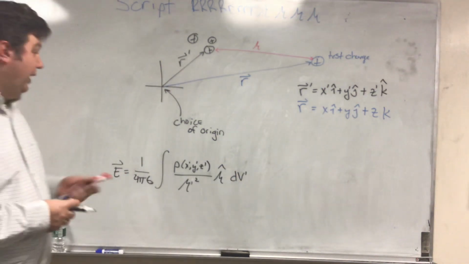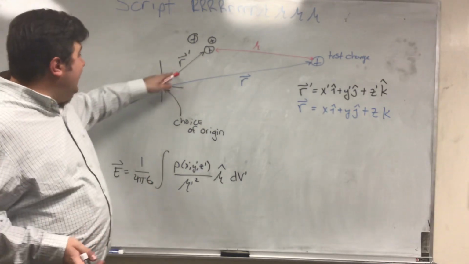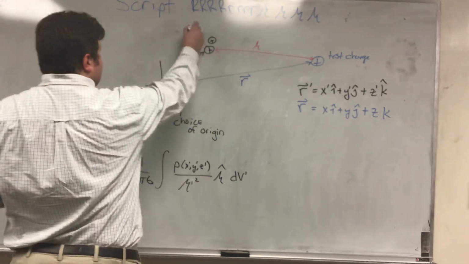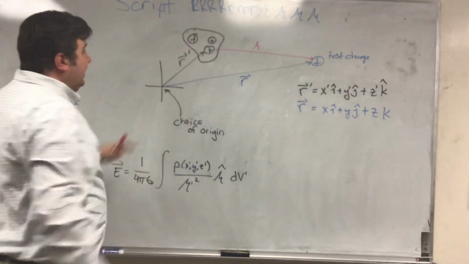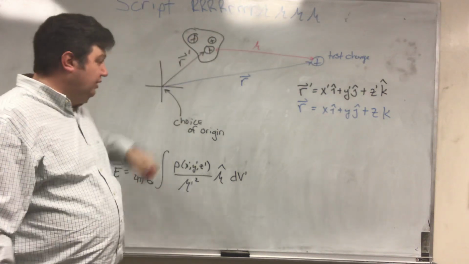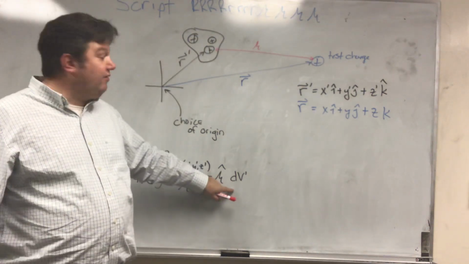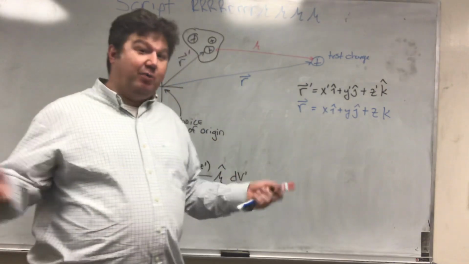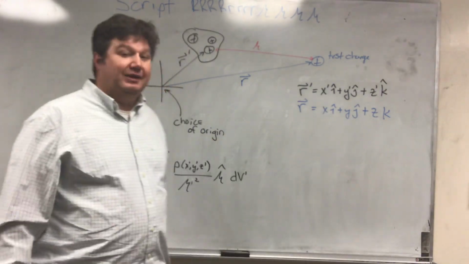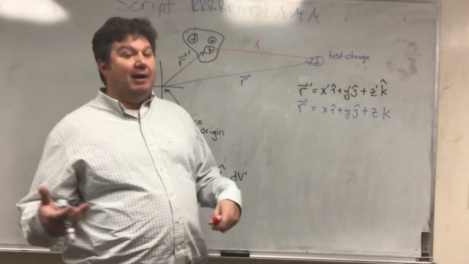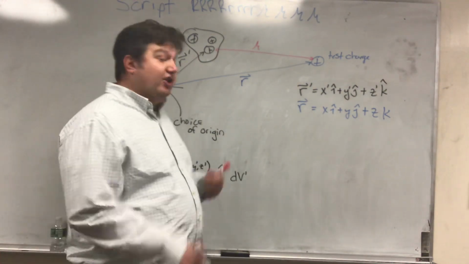Right? So what I'm going to do is integrate over my charge distribution, which is here. So I'm going to integrate over the location of these charges over the prime coordinates so that my final answer doesn't have any primes in it. We're integrating them out, right? We're doing a definite integral, so there won't actually be any prime coordinates in our answer. They're going to go bye-bye.